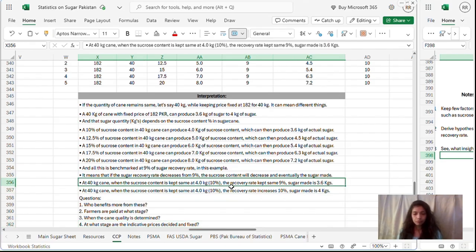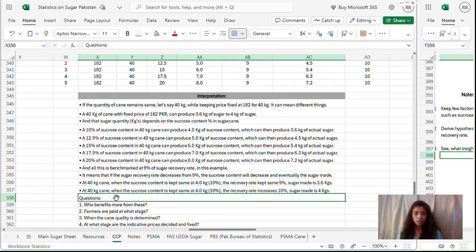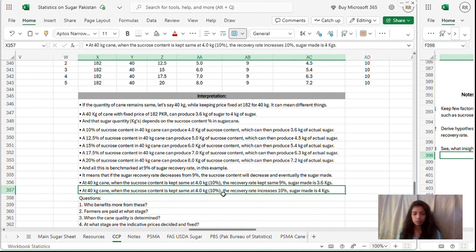The next point is, at 40 kg cane, when the sucrose content is kept same at 10%, which is 4 kg, the 9% recovery rate makes 3.6 kgs of sugar, as we have discussed. At 40 kg cane, when the sucrose content is kept same at 10%, and the recovery rate increases to 10%, the sugar made is 4 kgs.